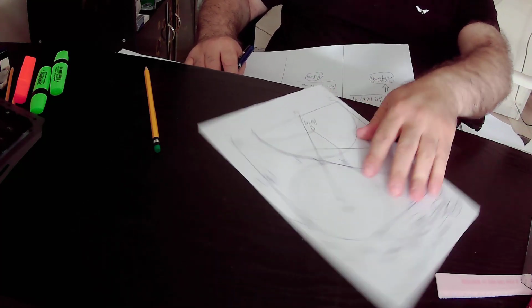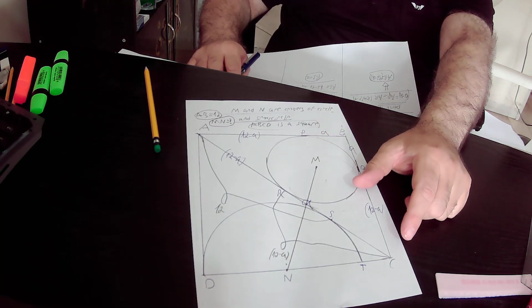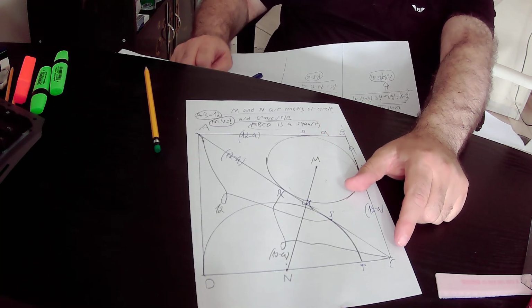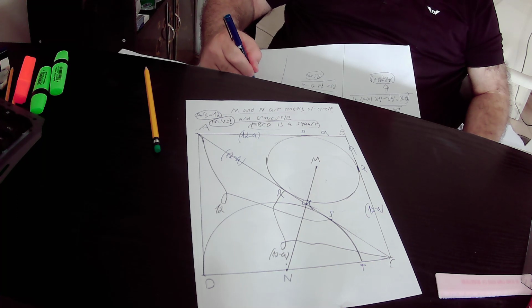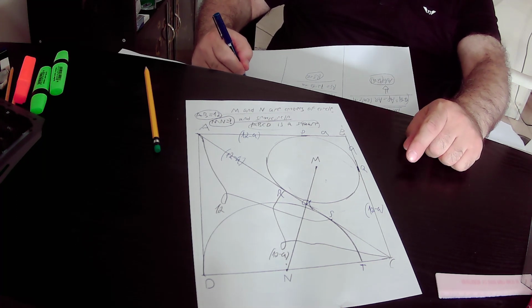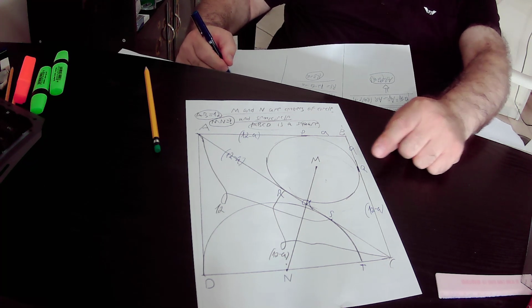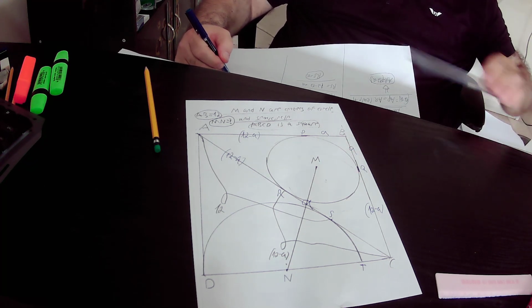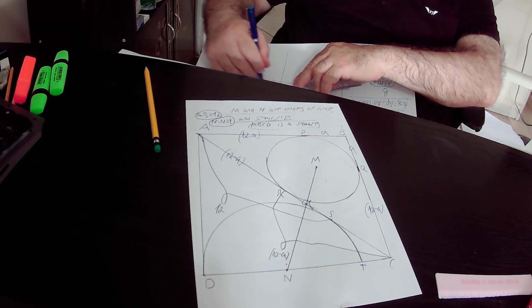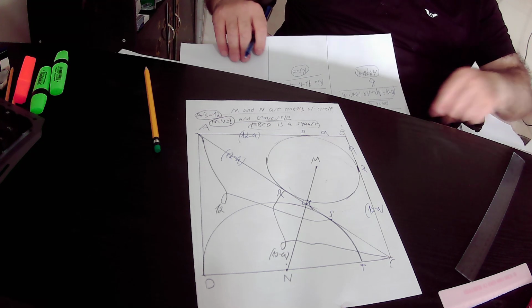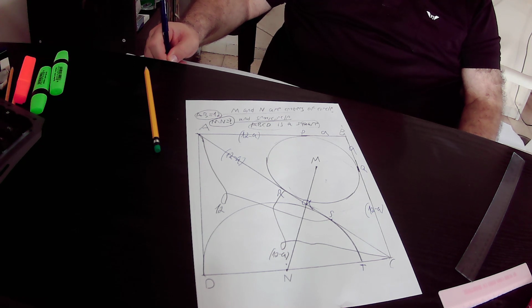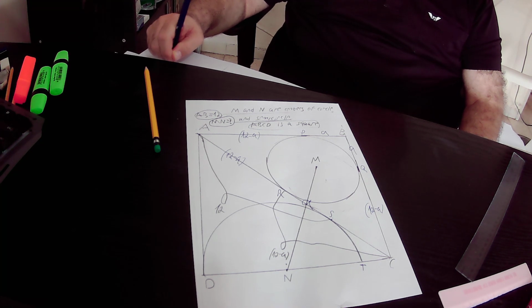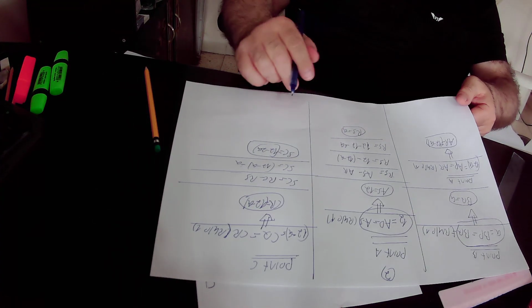So SC is equal to RC, that is 12 minus A, minus RS, that is A. So in conclusion, SC is equal to 12 minus 2A.